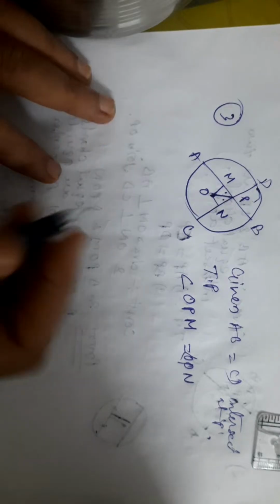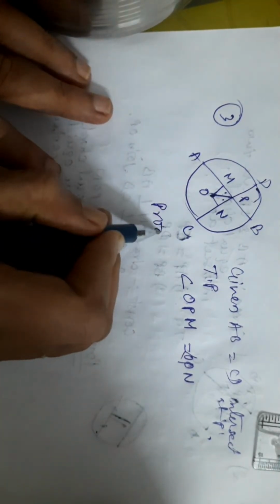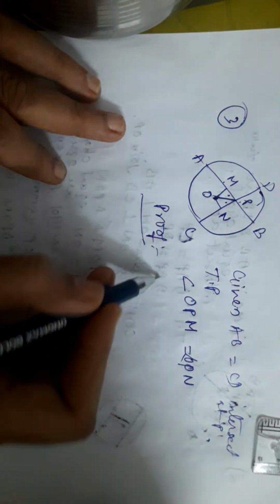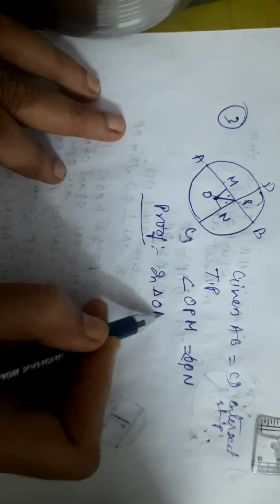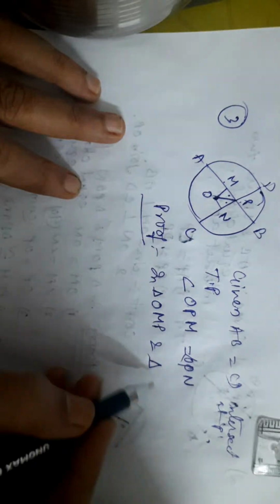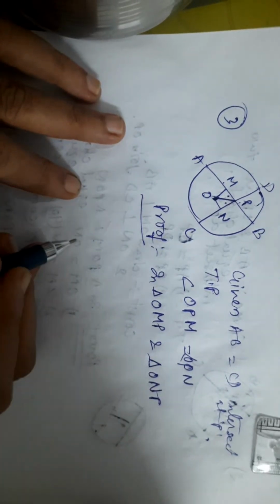So these two angles we need to make equal. So let's start with the solution here. Now proof, as we did earlier, the same we are following here. In triangle OMP and triangle ONP, we got two triangles.